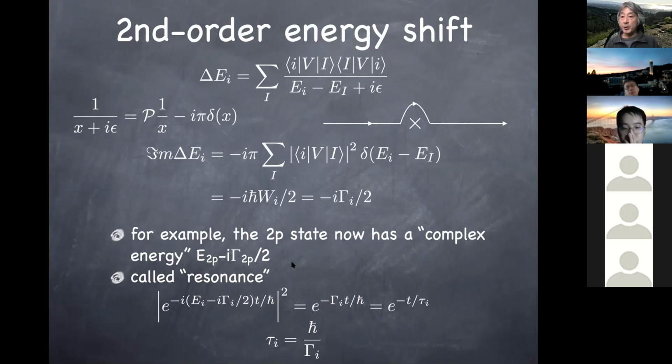And if the state is not normalizable, the usual proof you do to show why the eigenvalue of a Hermitian operator is real doesn't apply anymore, because you cannot ignore the surface term. So it turns out that this idea that the energy is actually complex is not inconsistent.